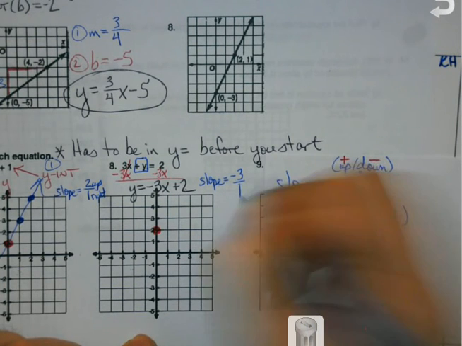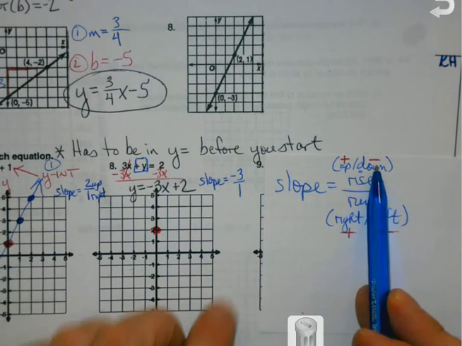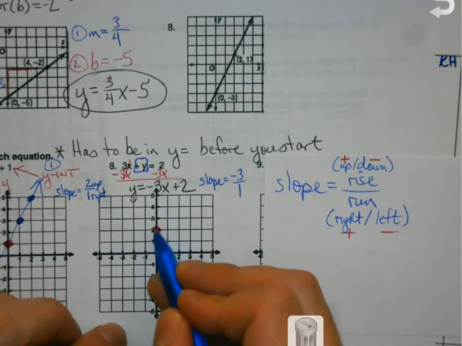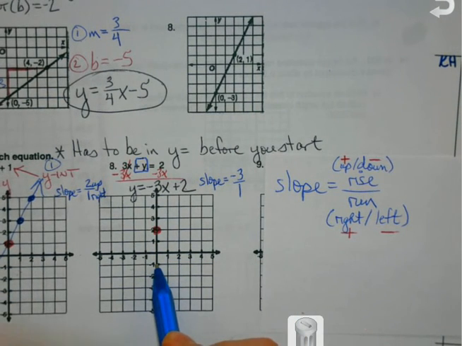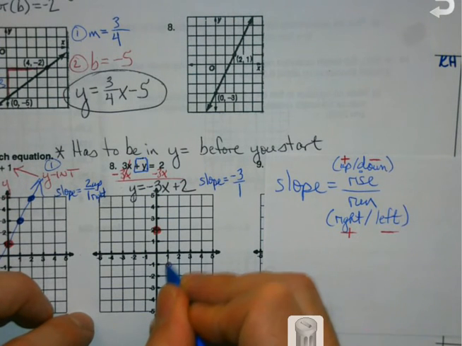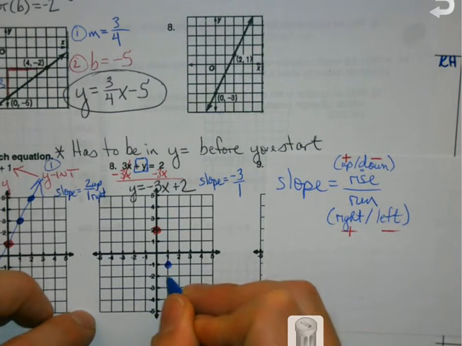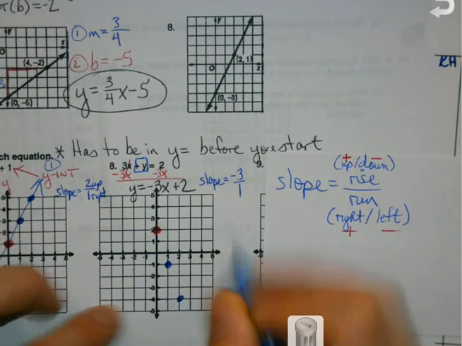This time, since my rise is negative, I'm going to go down 3. So I start here. I go down 3. Don't put a dot yet. And then 1 is positive. I'm going to go right 1. Put a dot. Down 3. Right 1. And they all should end up on the same line.